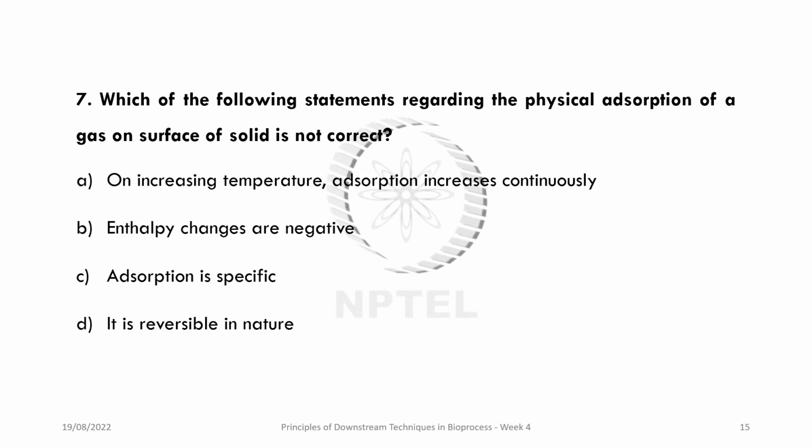Okay, question 7. Which of the following statements regarding the physical adsorption of a gas on surface of solid is not correct? A. On increasing temperature, adsorption increases continuously. B. Enthalpy changes are negative. C. Adsorption is specific. D. It is reversible in nature.